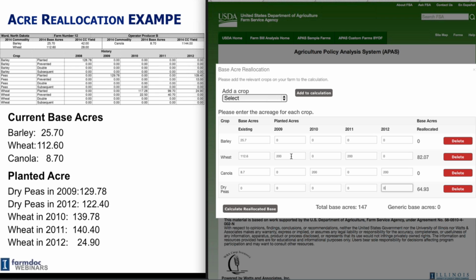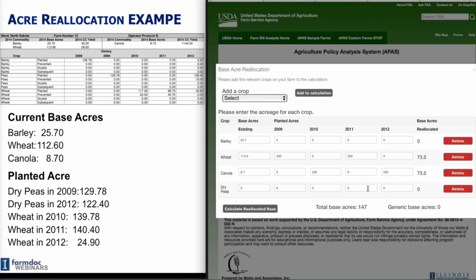In this example, I just now put an example in here: 200 acres, and we've rotated this farm, 200 acres of wheat, then canola, wheat, then canola. We hit calculate recalculated base. Now note, we're going to have 50% in each of these two crops because that's what we planted.